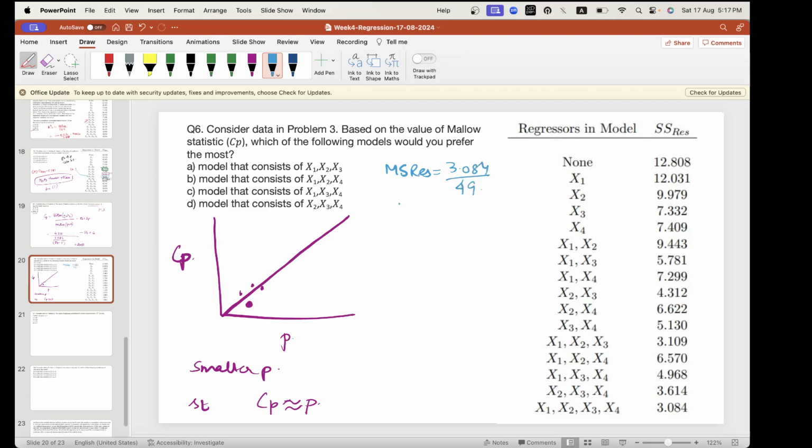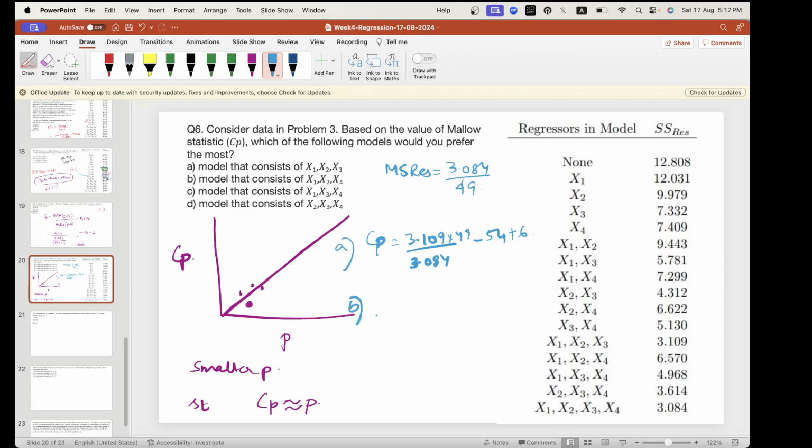And then Cp is SS residual. So Cp for A would be, SS residual is 3.109, divided by MS residual 3.084 by 49, minus 54 plus 6.